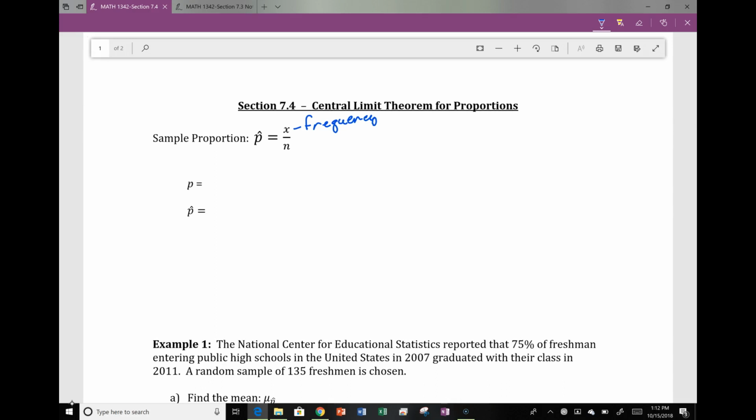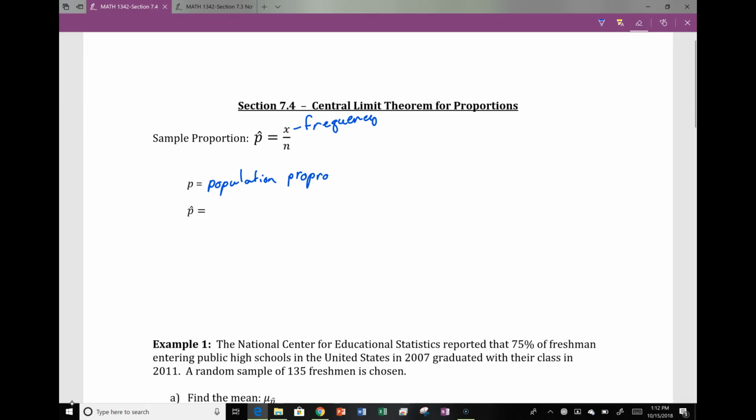So a lowercase p in this particular case is going to be our population proportion. So we're looking at population proportion. Whenever we do, we have to estimate that using our best estimate, which would be p hat.